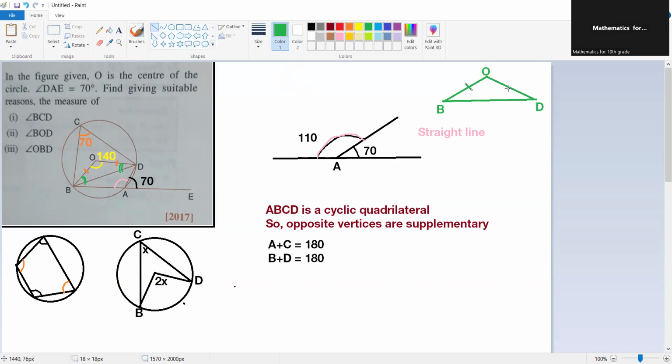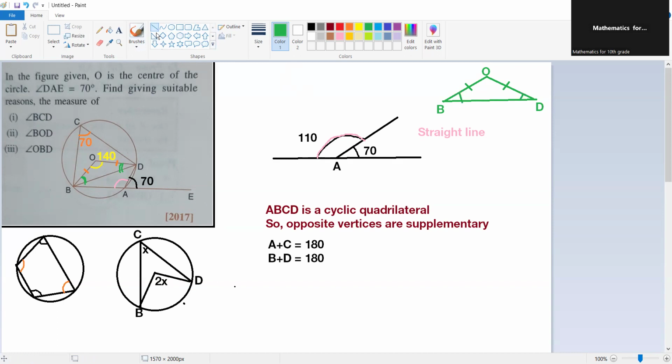So this is equal to this. This is an isosceles triangle where two sides are equal, so the base angles would also be equal. So angle OBD is equal to angle ODB.